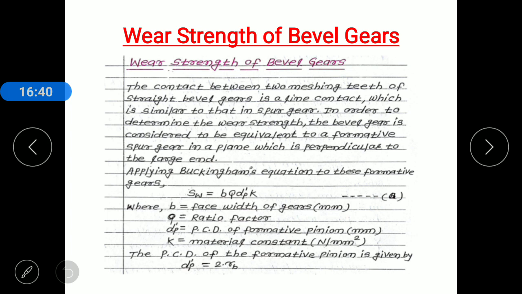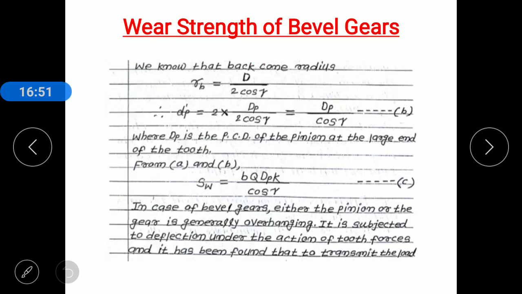Now the pitch circle diameter of a formative pinion, D'_p, is 2 times R_B, the back cone radius. Another relation known to you: back cone radius is equal to D divided by 2 cos γ, and D'_p is equal to 2 into D_p divided by 2 cos γ.